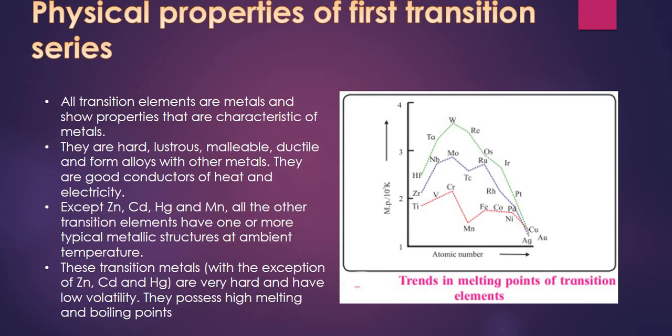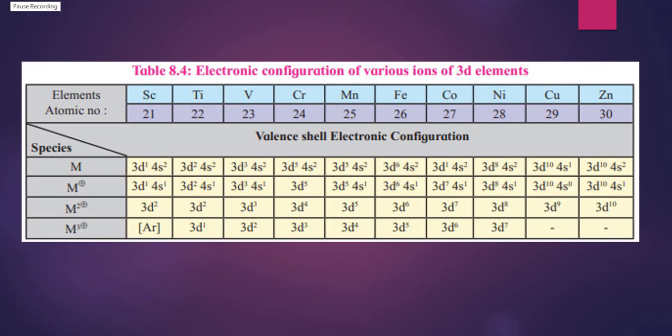On the same ground, mercury and cadmium have 5d and 4d filled subshells. That is why they are also not considered as transition elements. Now, this is the electronic configuration of various ions of 3d elements.